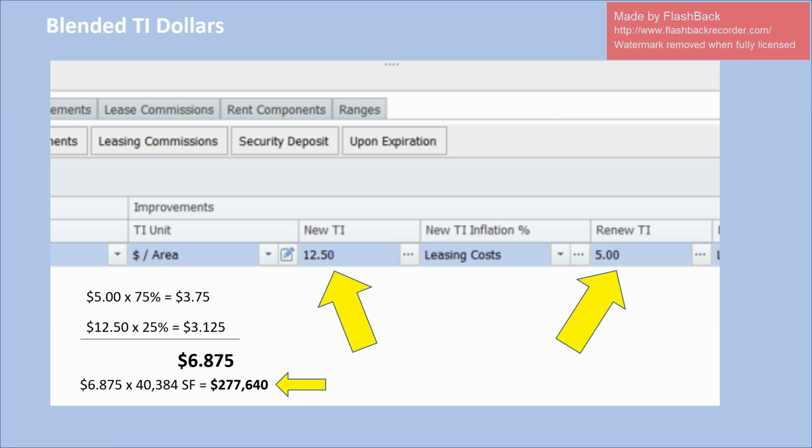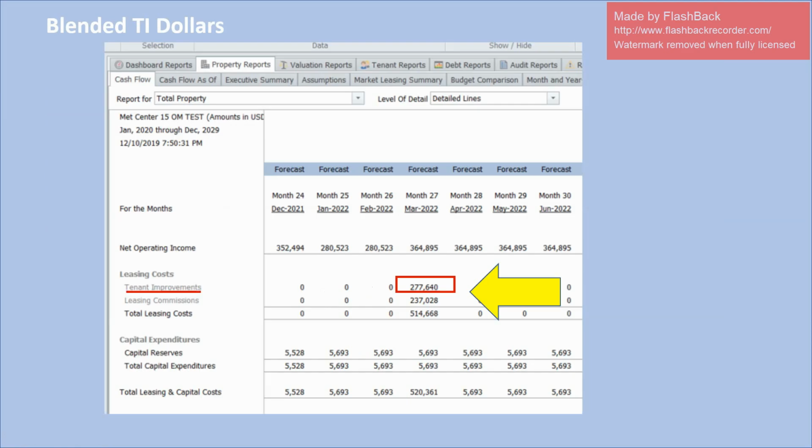So on January 1st, 2022, Argus is going to assign this tenant improvement cost to this tenant in the cash flows. And that total tenant improvement cost is what you see there, $277,640. And to show you that in the cash flow page, it looks like this.